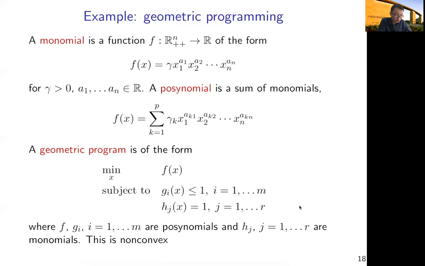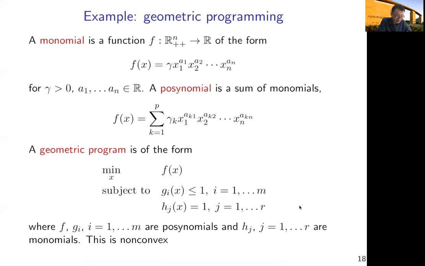You should know what a monomial is. It's a specific type of polynomial that only contains a product of powers of variables, with a positive coefficient, and everything else is zero.